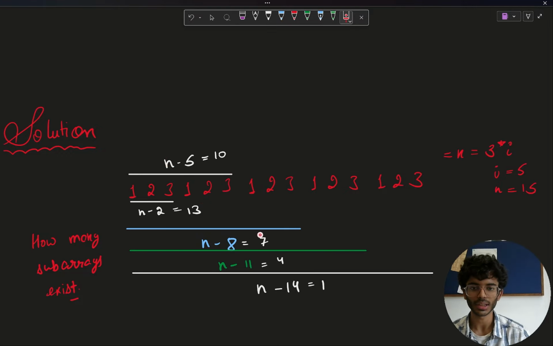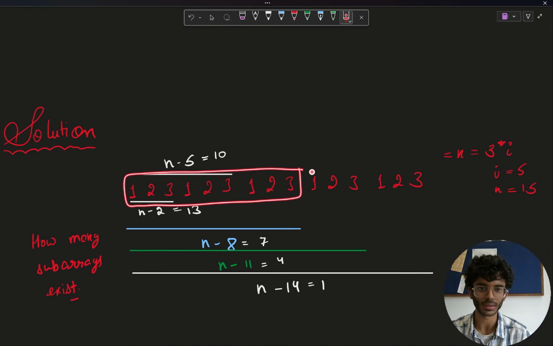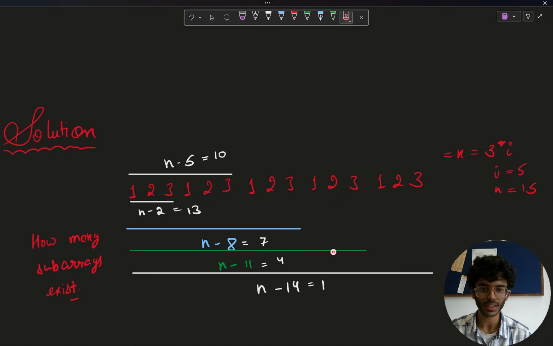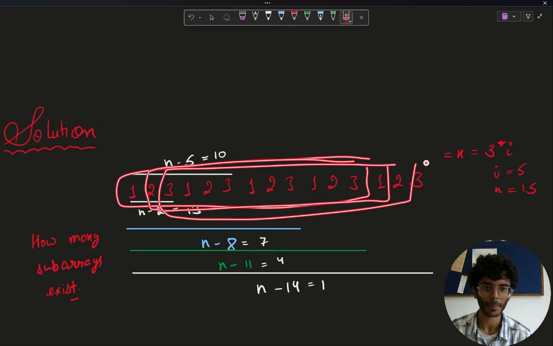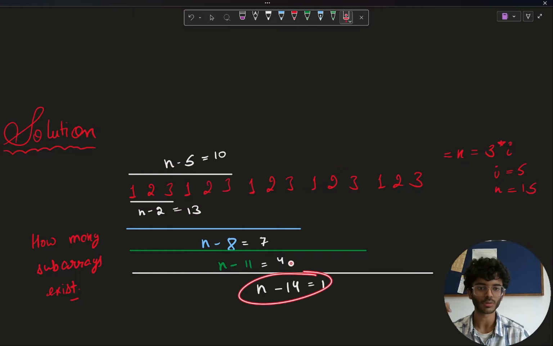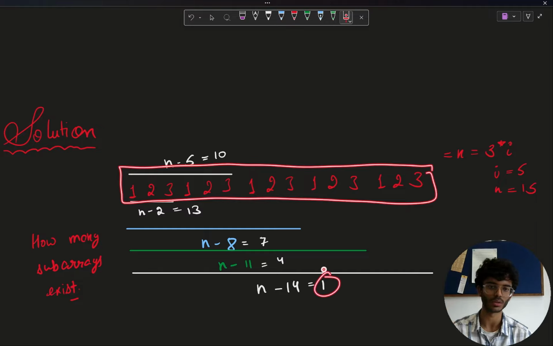Similarly, there would be n minus 8 subarrays of this length, and n minus 11 of this length, and then n minus 14 subarrays of this length, which is 1 only in our case.